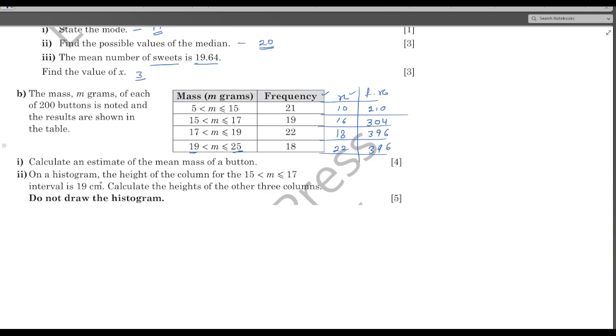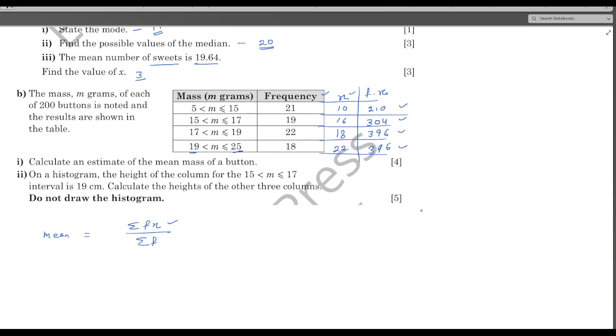Now for your mean mass, we use the formula of summation of f times x divided by summation of f. The numerator means I will add all these products: 210 plus 304 plus 396 plus 396.